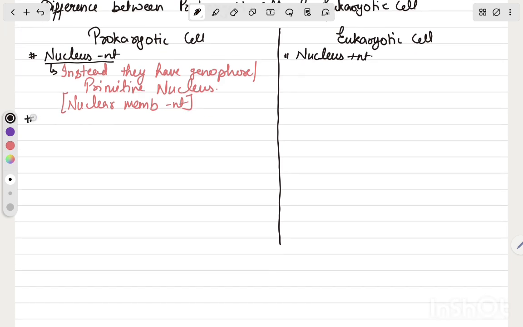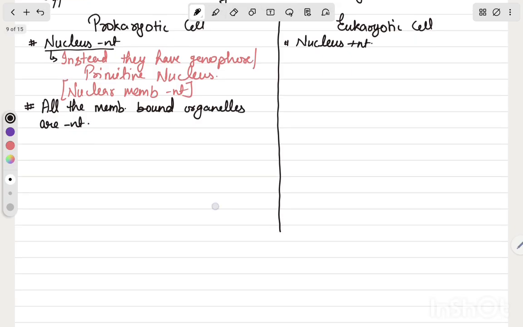We have discussed all the points in the structure of prokaryotic cell. We are just summarizing all the points of prokaryotic cell in the form of differences between prokaryotes and eukaryotes. Next difference is all the membrane bound organelles. All the membrane bound organelles are absent in prokaryotic cell.